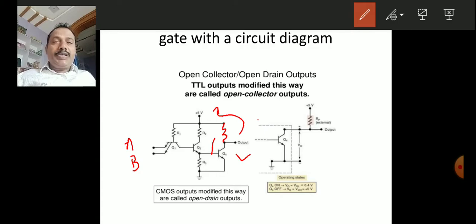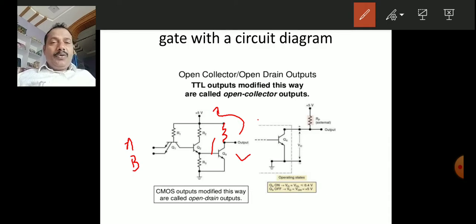Q1 is on, Q2 is off, and Q3 is also off. Then the output is connected to the power supply, that means the output is logic 1. That means if the inputs are 00, 01, 10, where 1 means 5 volts connected, in all these conditions the output is logic 1.